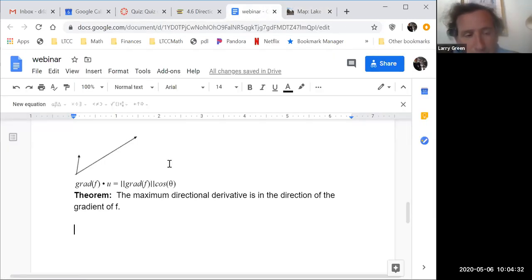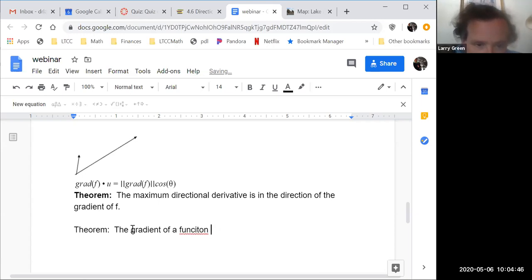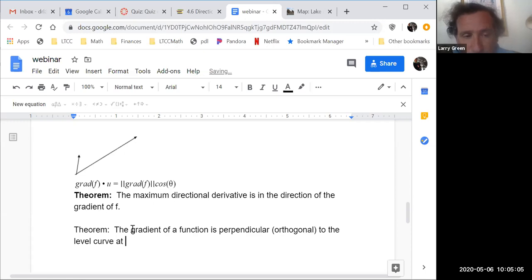Write down another theorem. These are all properties, but these are just individual theorems for properties. The gradient of a function is perpendicular, and let me write down another word for that, orthogonal, means the same thing, to the level curve at that point.